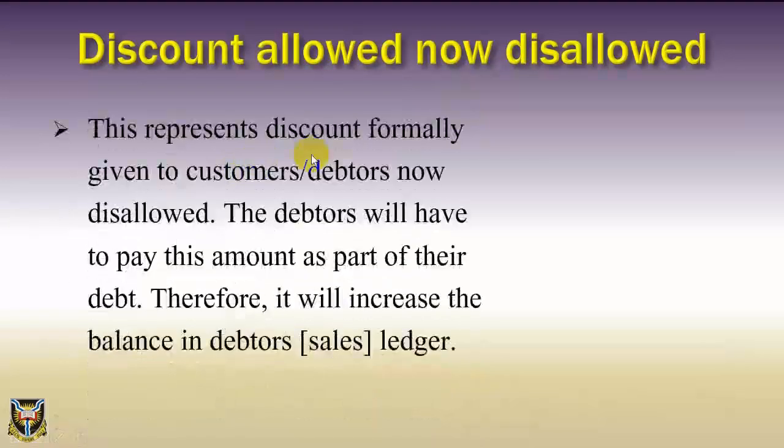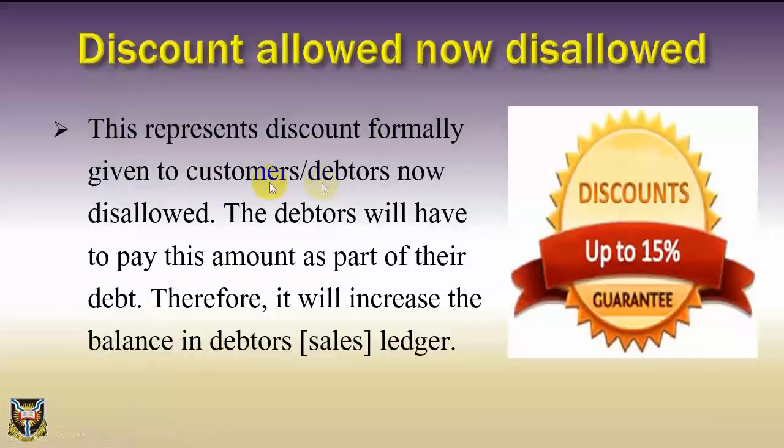Discount allowed, now disallowed. This represents discount formerly given to customers' debtors, now disallowed. The debtors will have to pay this amount as part of their debt. Therefore, it will increase the balance in debtors' sales ledger. Service charges added to unpaid accounts.